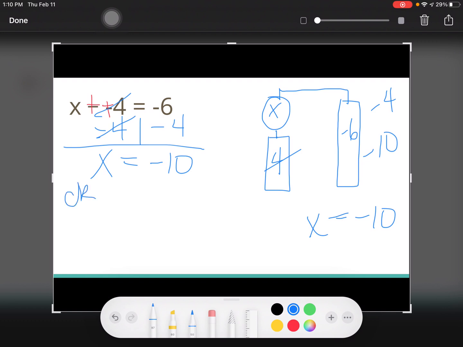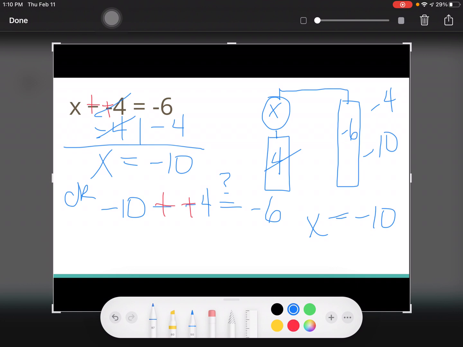So remember, my original equation was x, which I'm going to put in -10, minus -4. Does this equal -6? Well, -10 minus a -4, subtracting a negative, is the same thing as adding a positive.